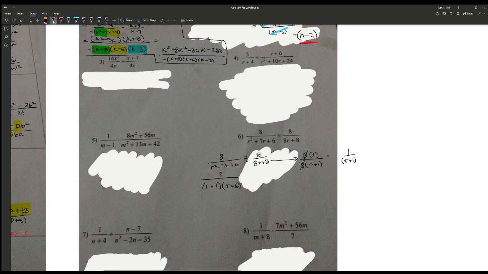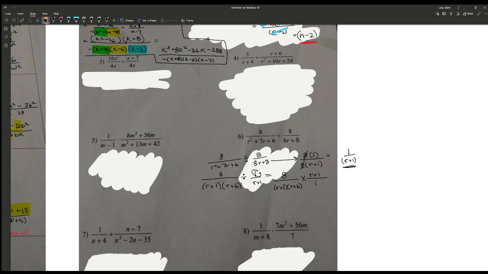Alright, so when we put this back into our equation, we are going to get divided by 1 over r plus 1. Now if you remember, we are going to do the flip, so that means we're going to do 8 over r plus 1 times r plus 6, and then multiplied by, so our denominator becomes our numerator, so we're going to have r plus 1, and our numerator becomes our denominator, so we're going to have that over 1.